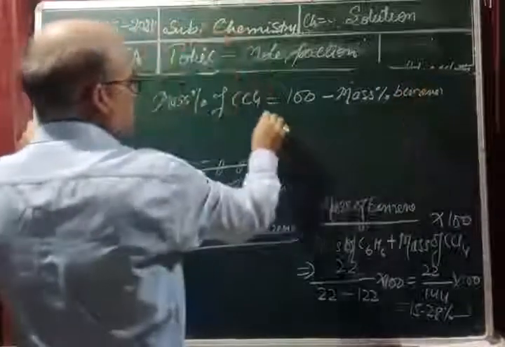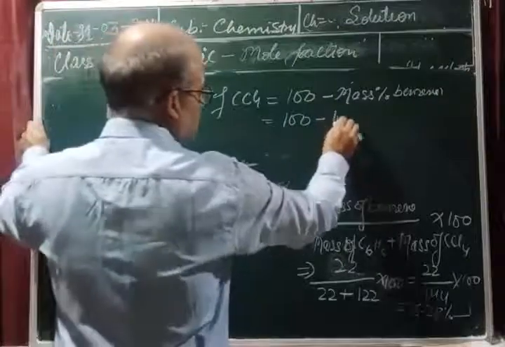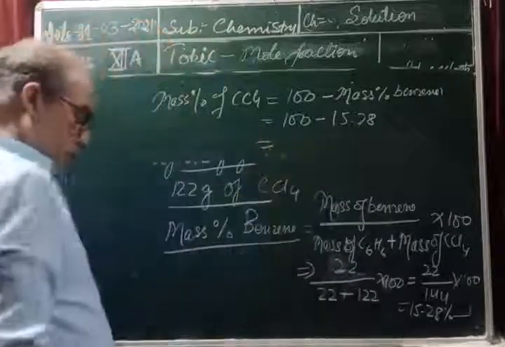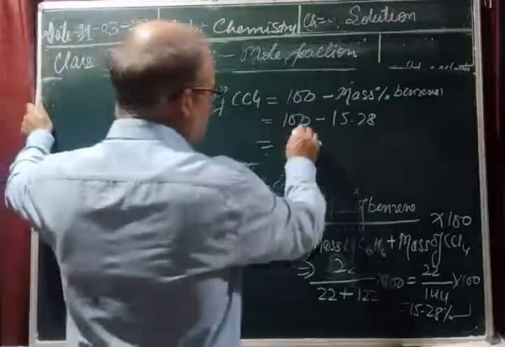Here it will be 100 minus 15.28. Then you can calculate the value of this. It will be 84.72%.